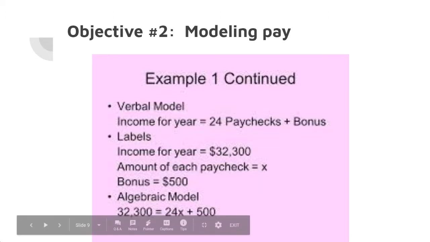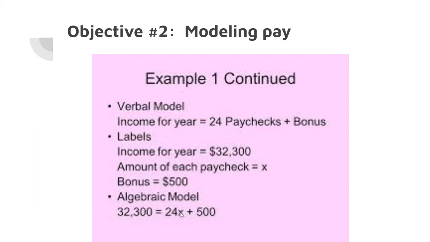And you can see there, the algebraic model: total income is $32,300 equals 24 times X, X meaning, again, the amount of each paycheck. Since we said there are 24 paychecks, they get paid bi-monthly. So plus 500.